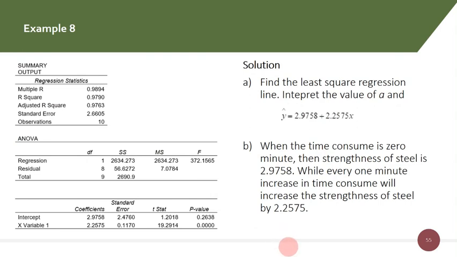From the summary here, what you can see is multiple R, and this is your R squared. Okay, and then you can find your slope here, and the intercept value here.